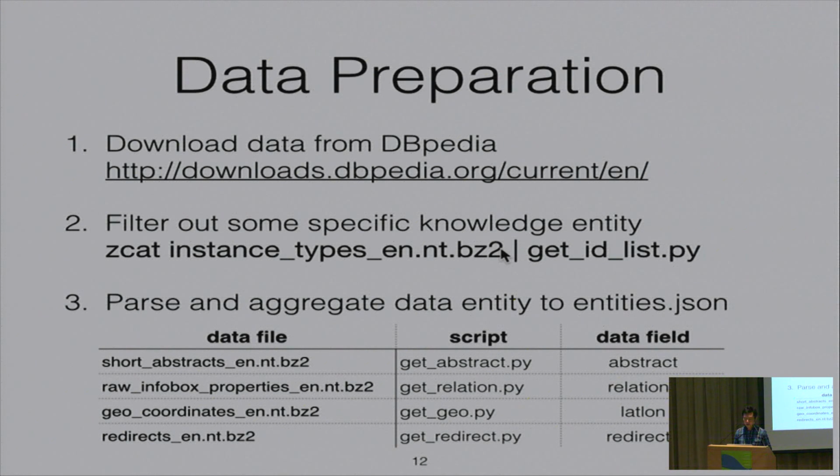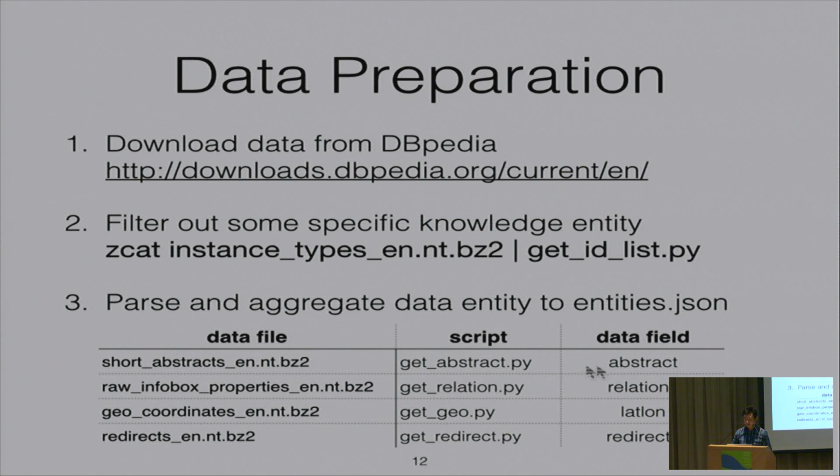We may only want to focus on some types of them. In our example, we are focused on the location type. By running this script, it will filter all those knowledge entities which belong to places, and after that, we continue to run those scripts.